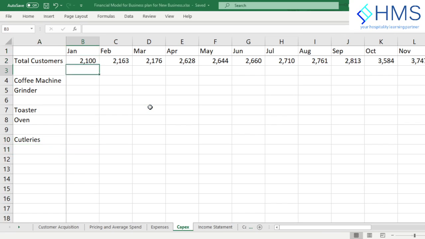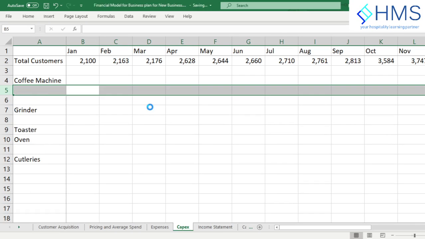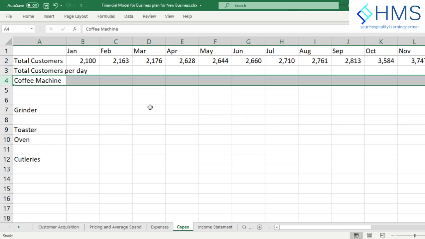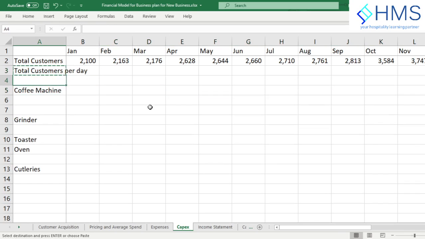Let's say how we are going to design how many coffee machines we need. It would depend on how many coffees we can serve. Since this is per month, we may need to divide it by 30 per day, and we may also look at per hour. Per day is divided by 30.